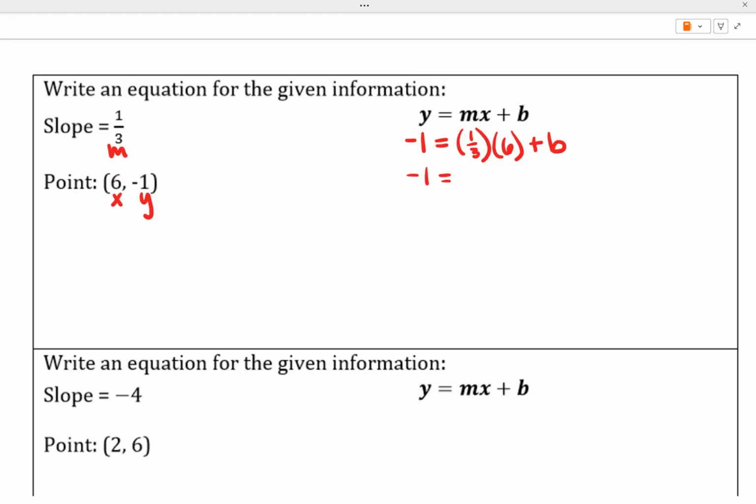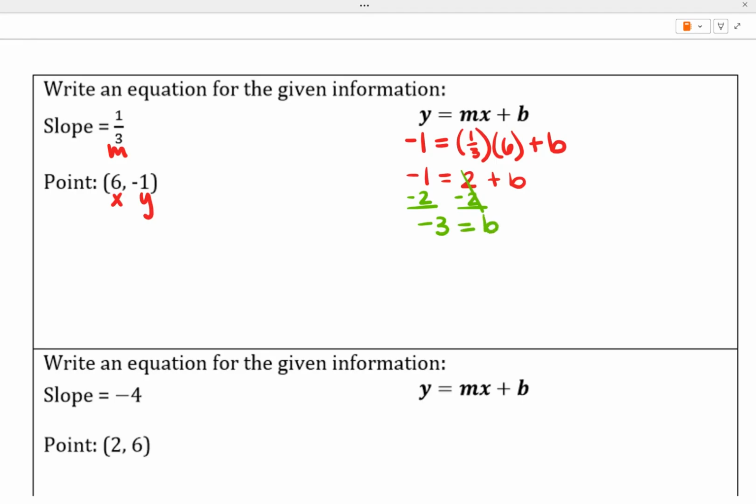You can also read this as 1/3 times 6 or 6 divided by 3, which is 2 plus b. Now to get b by itself, we need to move that 2 by subtracting it to the other side. And so -1 minus 2 gives us -3 for b.